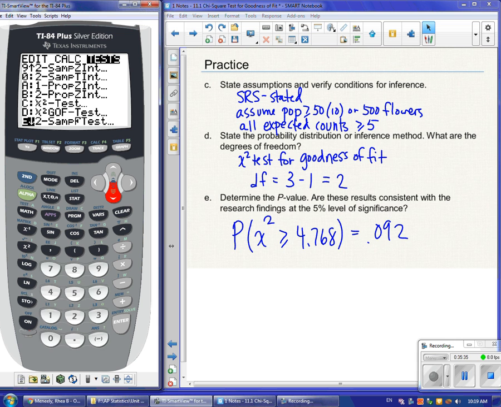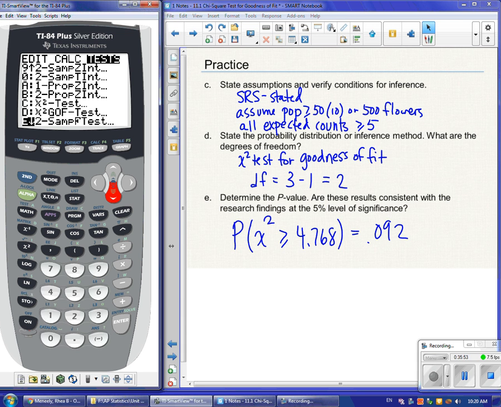If you look at those two options, you'll see you have a chi-square test and a chi-square GOF test. Some of you may not have that GOF test option. If you have a TI-84 and you would like me to upgrade your calculator or operating system, I can do that for you so that you have that option.